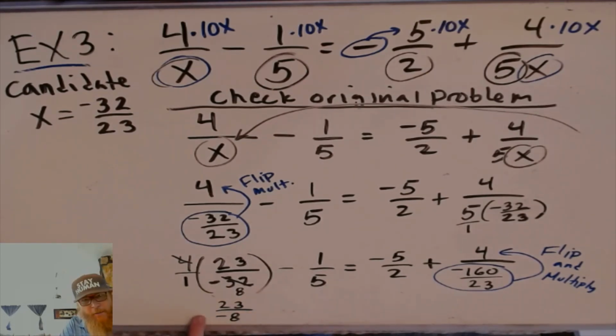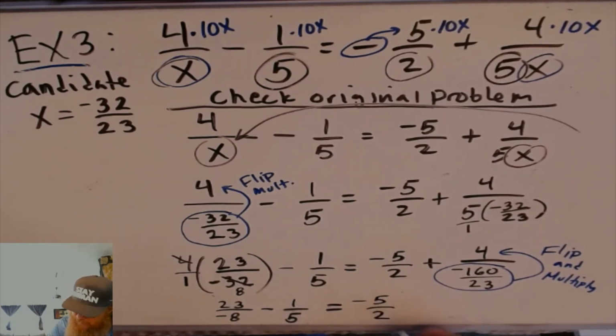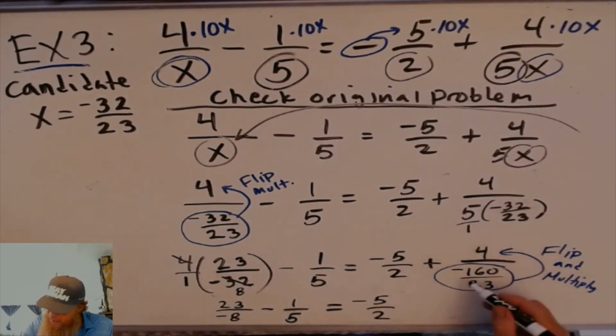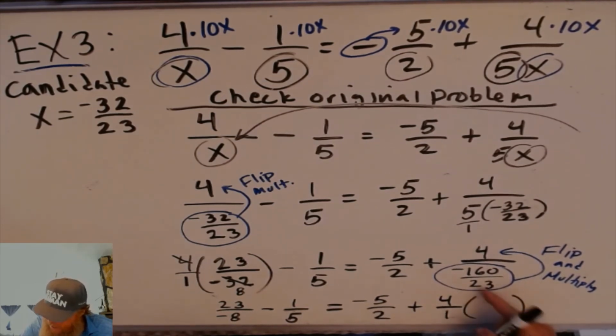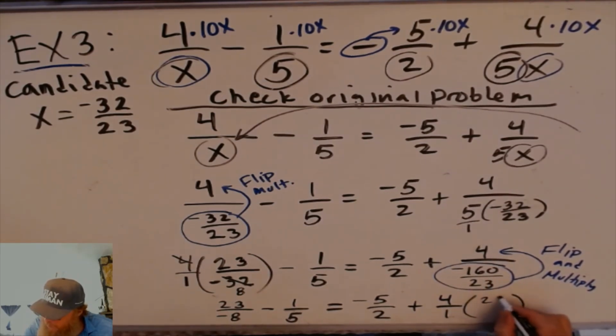And if you want, you can move the negative back up to the top if you like. I'm just going to leave it where it is for now. Let's go ahead and flip that, guys. So that's going to be 4 over 1 times, we're flipping this, 23 over negative 160.